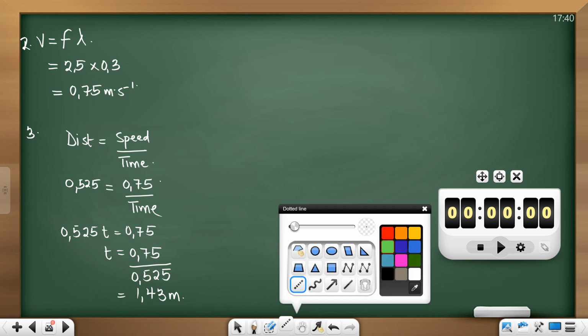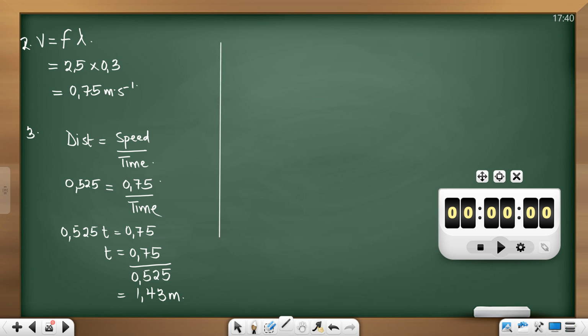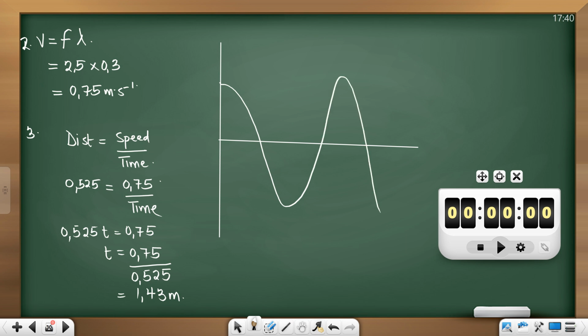All right, let me draw here. So we have half a wave. There we go. So here is my full wave. We agree that that's a full wave, right? 0,3.